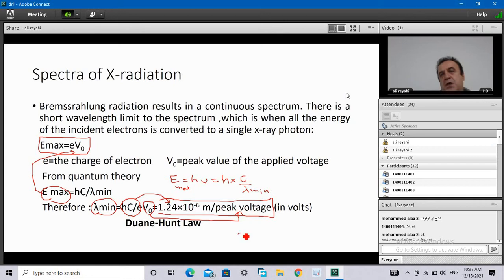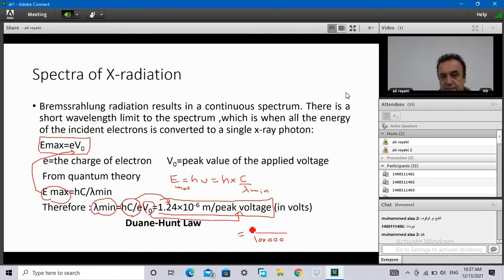So, for example, I ask you: the voltage between anode and cathode is 100,000 volts. What is lambda minimum?